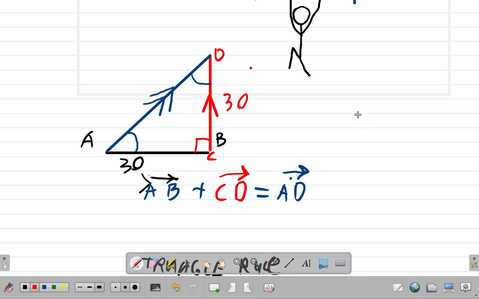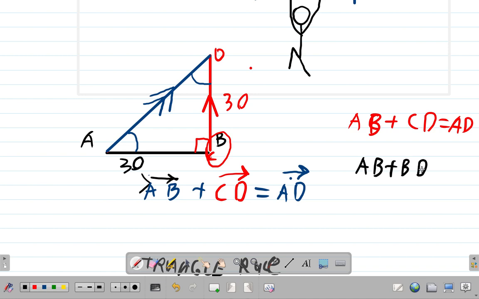Now, what you have really is AB plus CD equals AD, but you have 4 letters here, you need only 3. Since B and C end up at the same place, I'm just going to drop B for now and say what we have is AB plus BD, and that will be equal to AD.